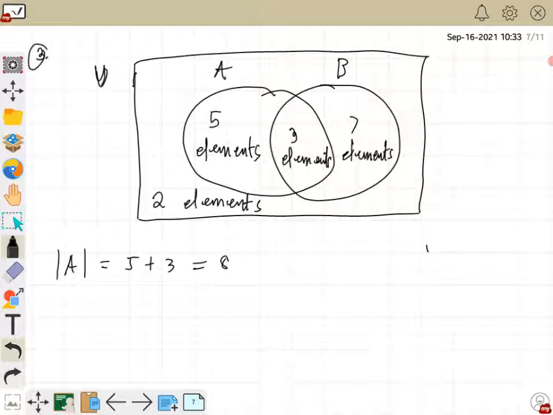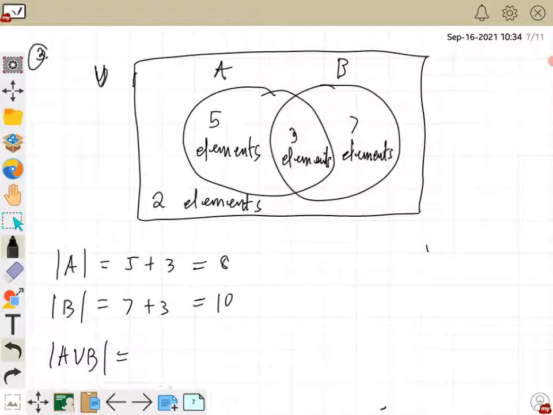For B, the entire circle, that's 7 plus 3, that's 10. How about A union B, meaning let's combine all of A and B. That is 5 plus 3 plus 7, that gives us 15. So there are 15 elements in A union B.